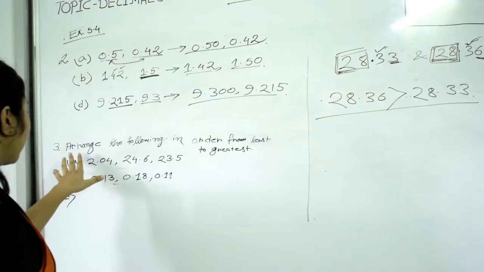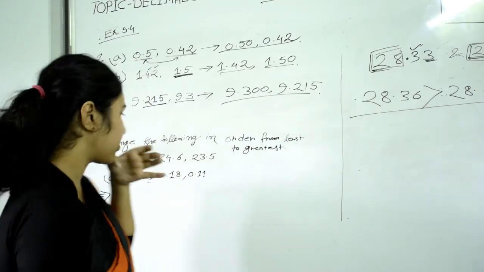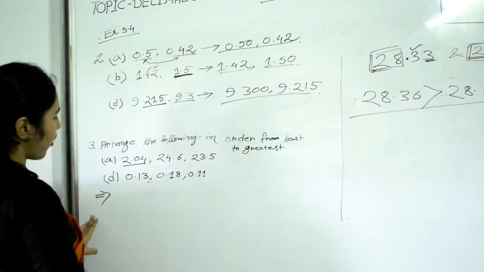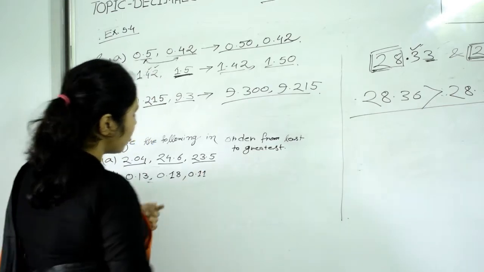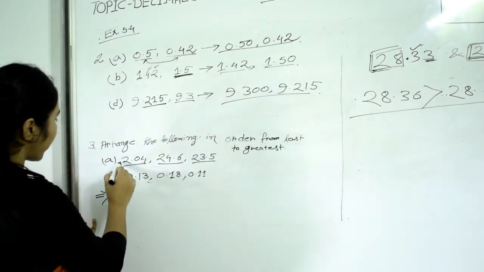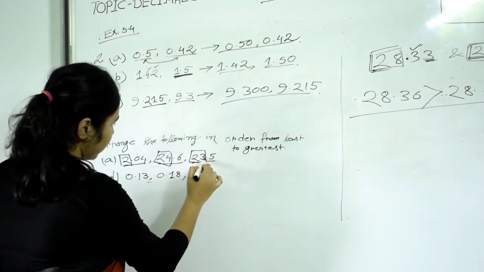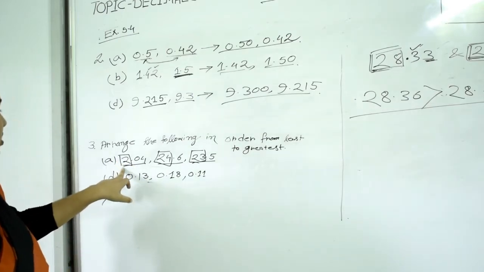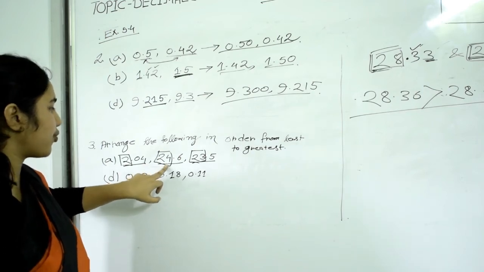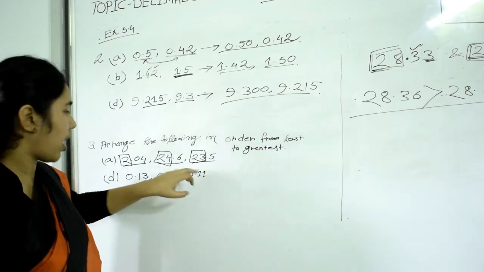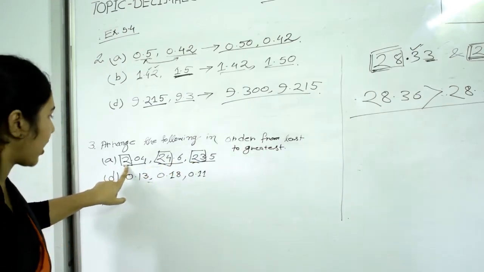So now solve this question. Here we have to arrange the following in order from least to greatest. So our numbers are 2.04, next 24.6 and next 23.5. So first consider the whole number part from all these numbers. In our first number 2 is our whole number, second number 24 and third number 23. Now clearly we know that 24 is more than 23 and 2, right?